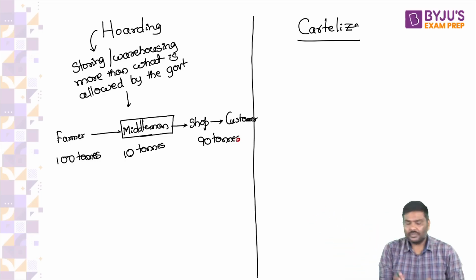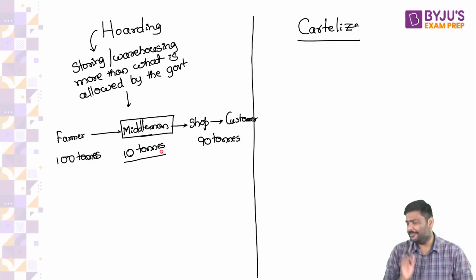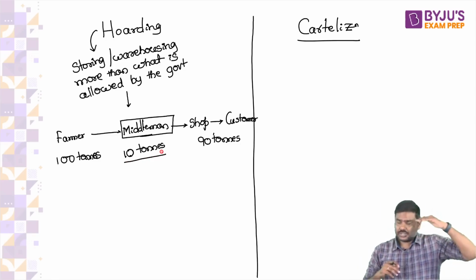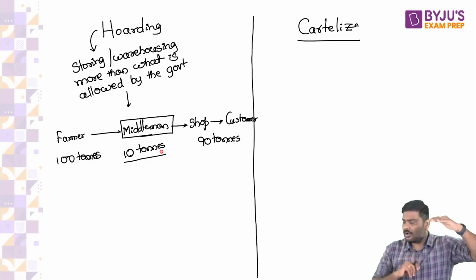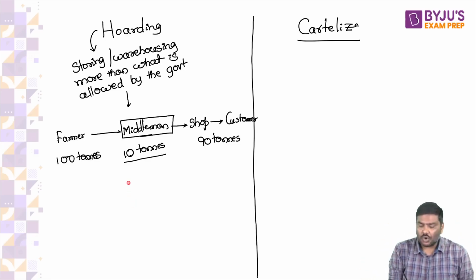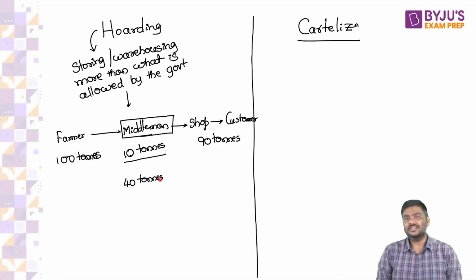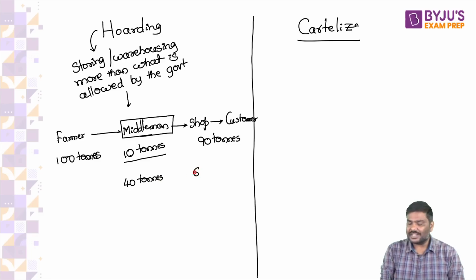Now, what if the trader here becomes very greedy? Rather than storing 10 tons, which is allowed by the government, what if the trader will store 40 tons? Tell me now. What if the middleman or the trader will store 40 tons? Don't you think supply to the market will fall down to 60 tons?